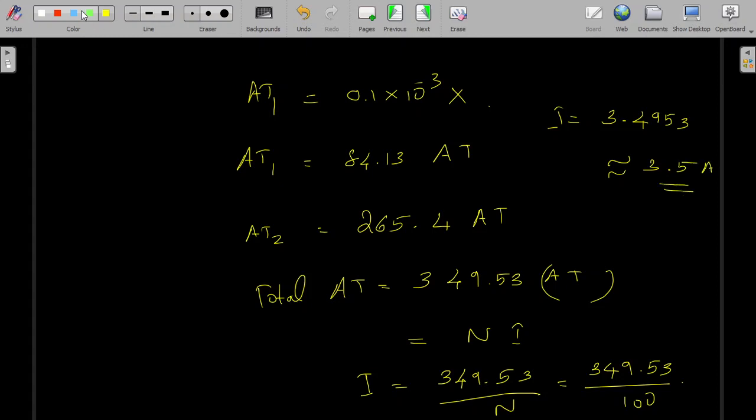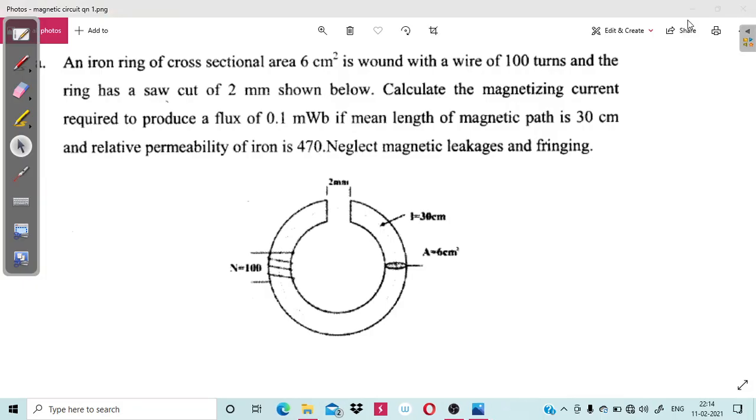So this is your answer. In this way you should solve the problem. This is an example for the series magnetic circuit actually.